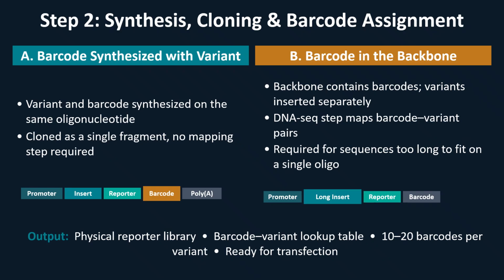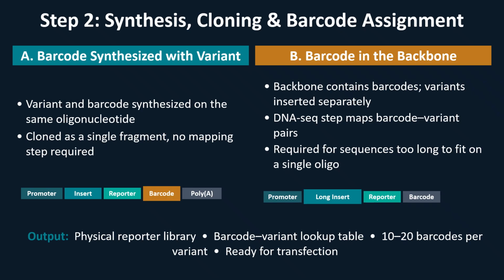Step two of the MPRA workflow is synthesis, cloning, and barcode assignment. At this stage, the designed sequence library becomes a physical DNA library. Each variant must be uniquely linked to one or more barcodes, so later sequencing reads can be traced back to specific variants.